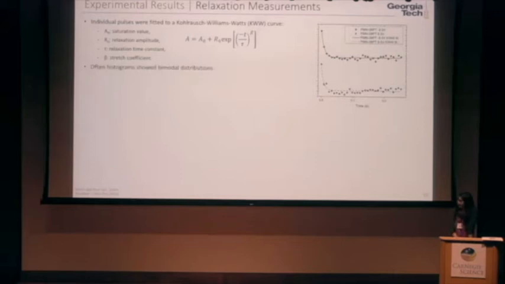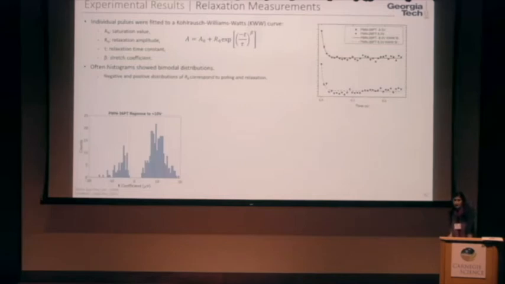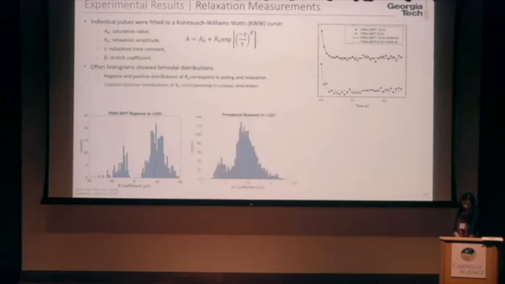If you start looking at the histograms here of the distribution, we again quickly see that we do have a bimodal distribution. We have positive R naughts and negative ones, which again correspond, as I said earlier, to relaxation and poling behaviors. But even within the samples that show only relaxation, there are two kinds of relaxation mechanisms that have two very different centroids.